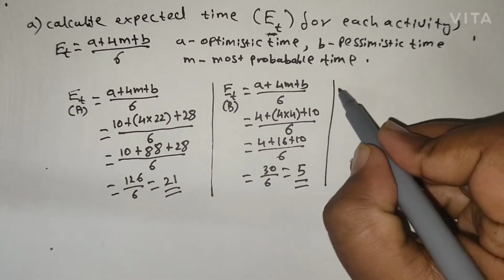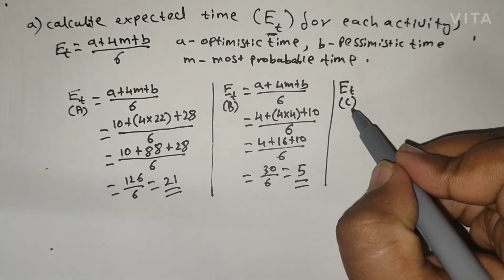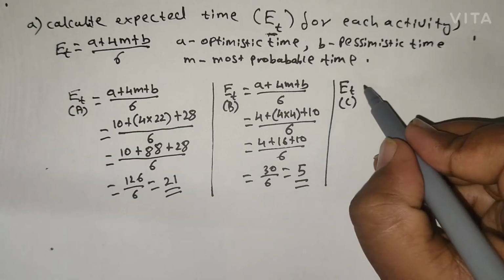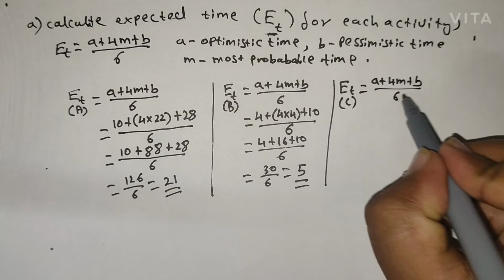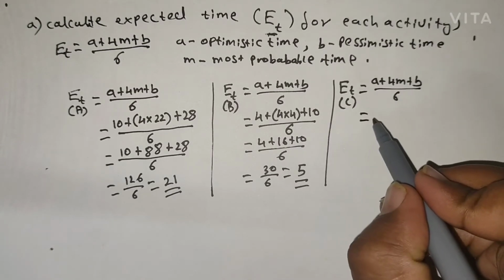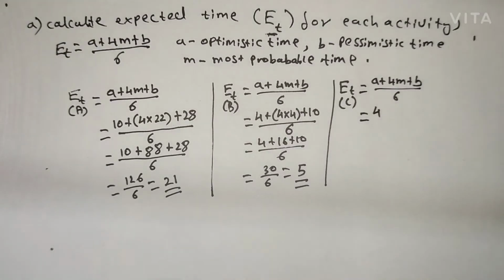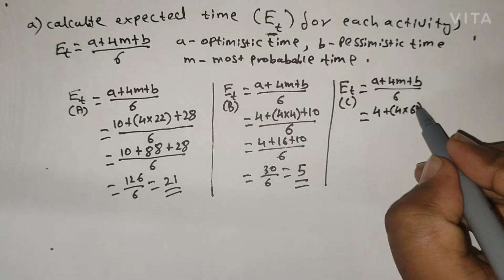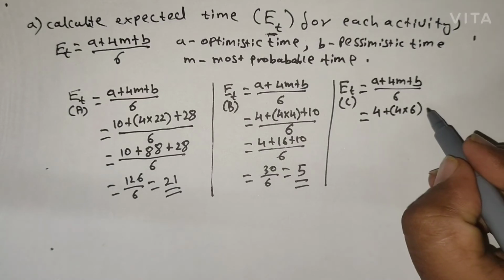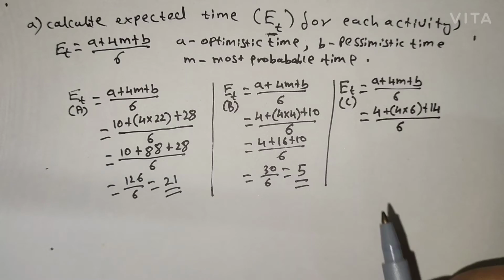Similarly, we'll calculate the expected time for activity C. The formula is a plus 4m plus b divided by 6. What is a for activity C? It is 4. The most probable time is 6, so 4 into 6, and the pessimistic time is 14, divided by 6.